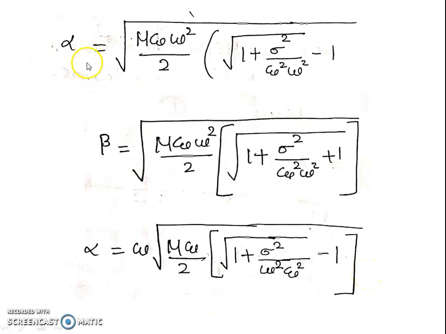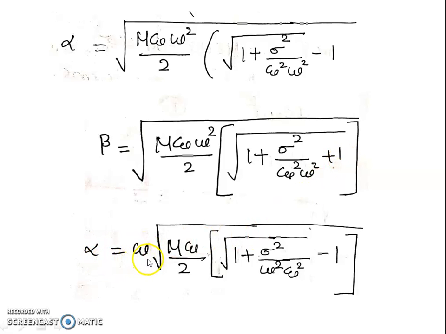So the value of alpha is equal to root of mu epsilon omega square divided by 2 into root of 1 plus sigma square divided by epsilon square omega square minus 1, and beta is equal to root of mu epsilon omega square divided by 2 into root of 1 plus sigma square divided by epsilon square omega square plus 1.